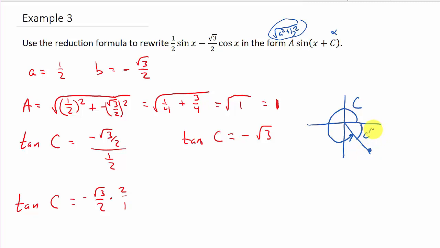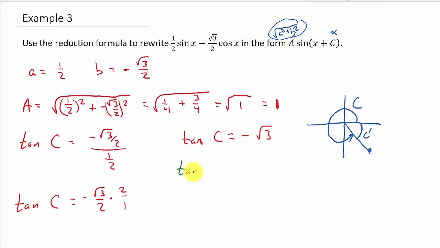Well, in order to find the reference angle, remember, anytime you take the sine, cosine, or tangent of a reference angle, it's always equal to a positive number, because your reference angle is a first quadrant angle.